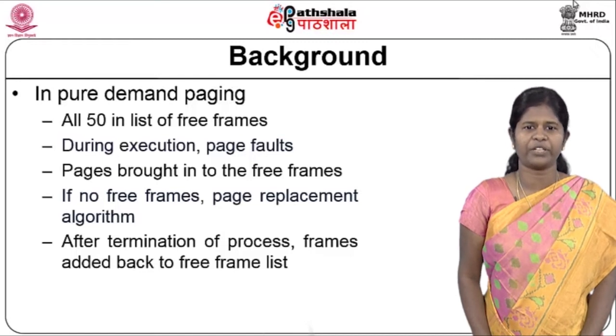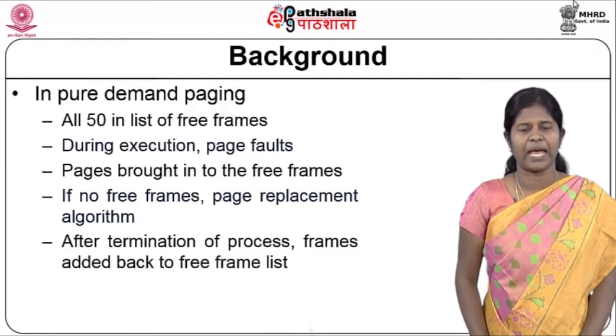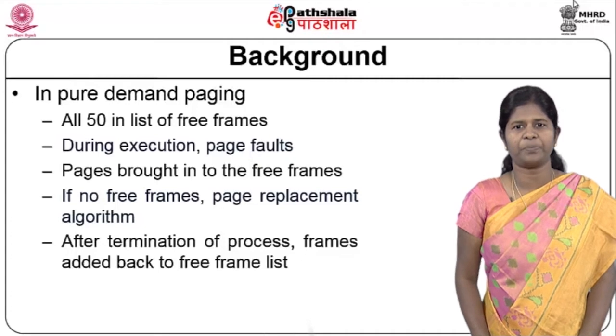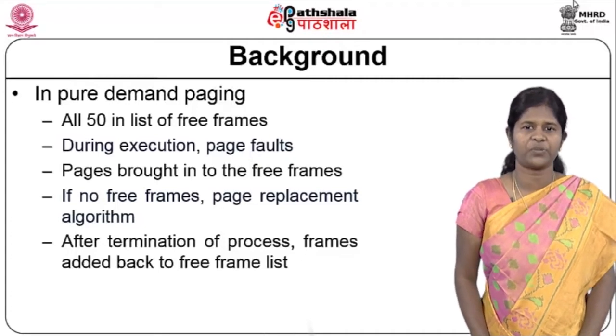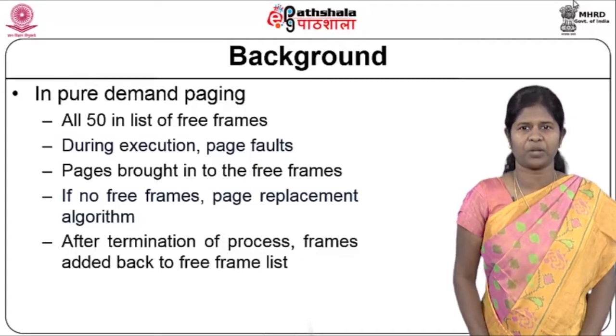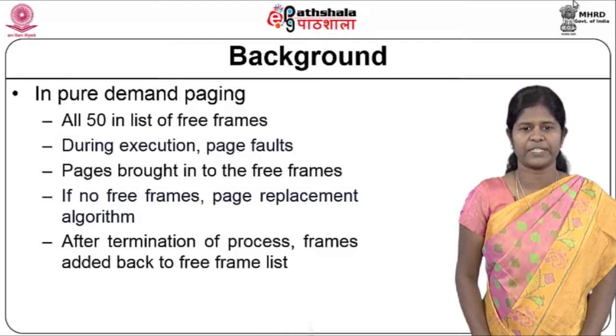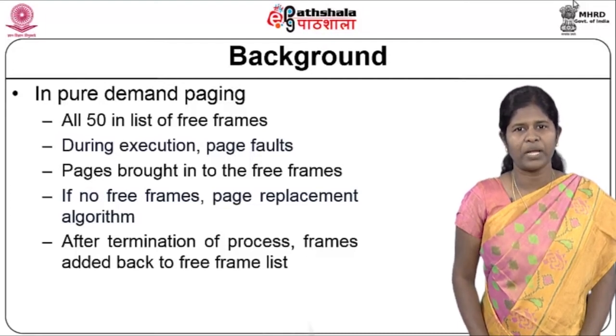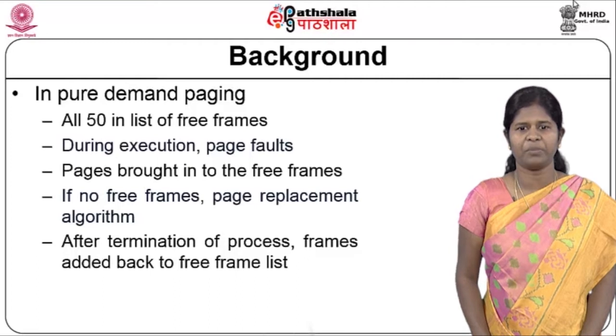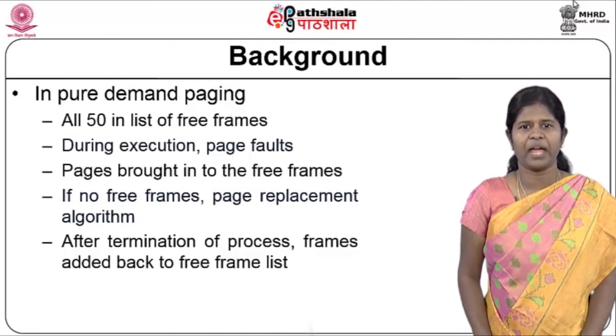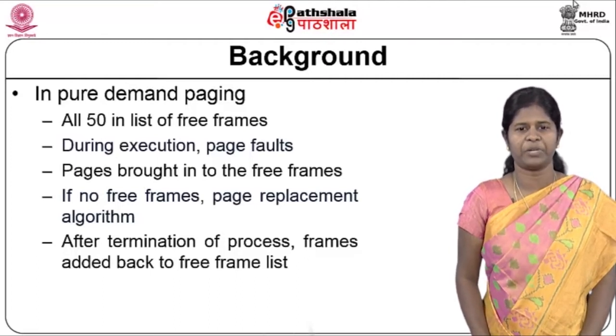If there is no free frame, the page replacement algorithm will be run to select a page to move out and bring in the required page into the physical memory. And once this process terminates, the frames will be added back to the free frame list.